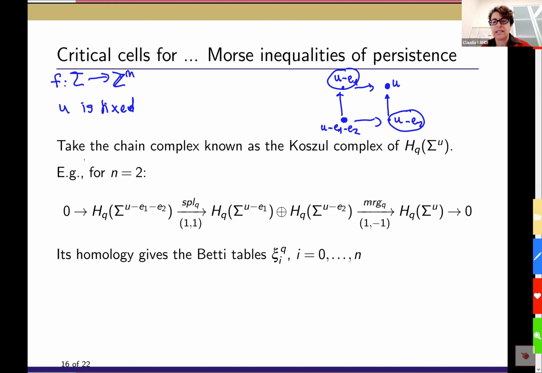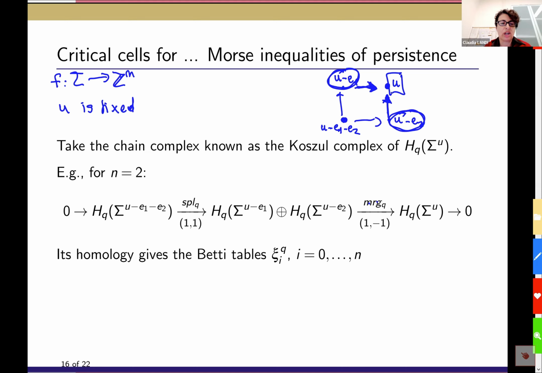And this one, the merge map, simply merges this map with this map, from the direct sum of what I have here and here to what I have here. And this is a chain complex and can be constructed for any number of parameters.